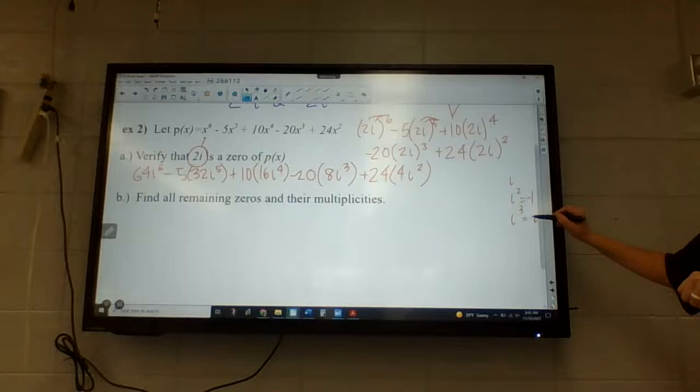I'm going to write down here just because I don't have enough space. What's i to the 5th going to be? It's just going to be i. So we're going to do 5 times 32. I to the 4th is just going to be 1, right?